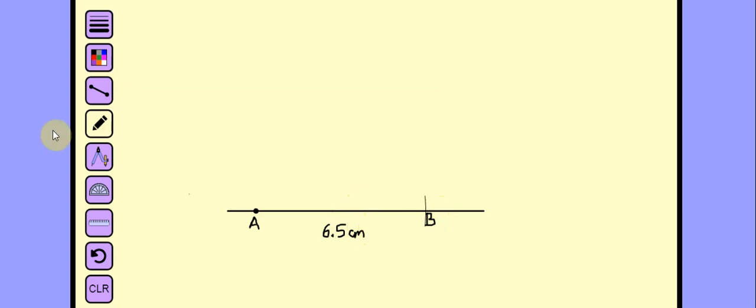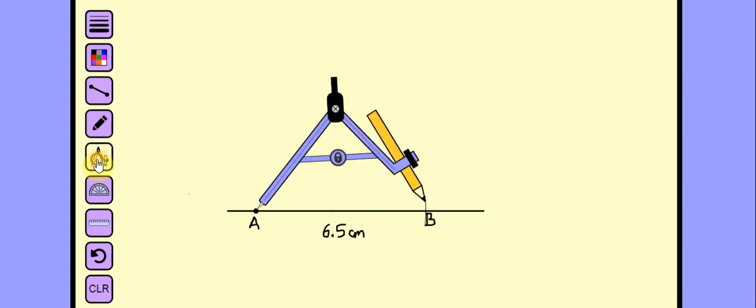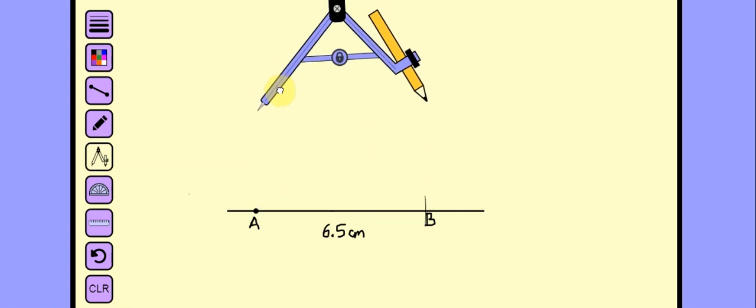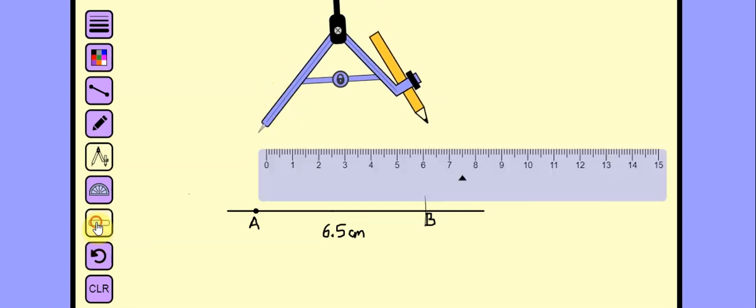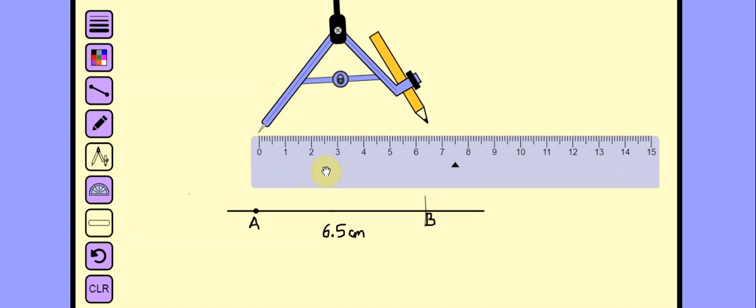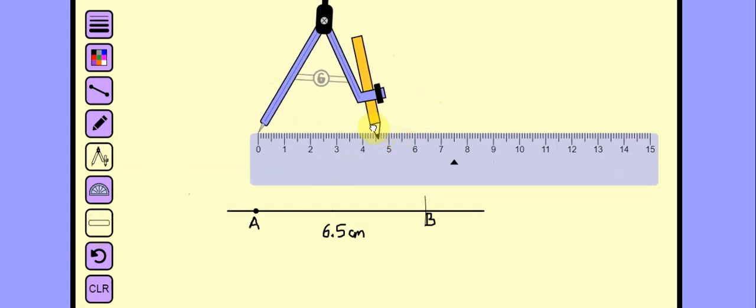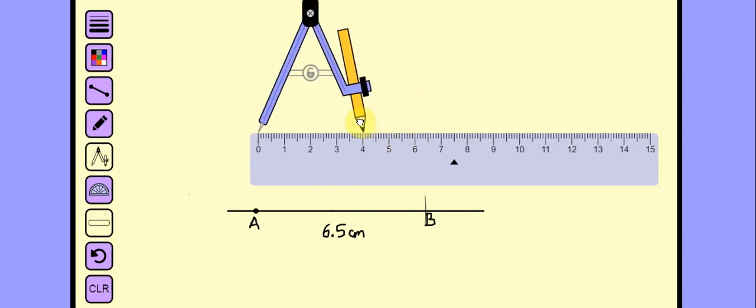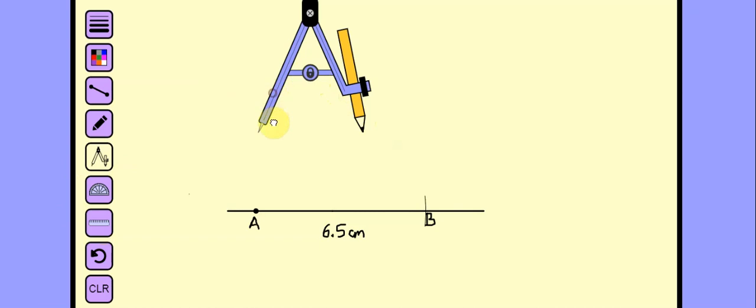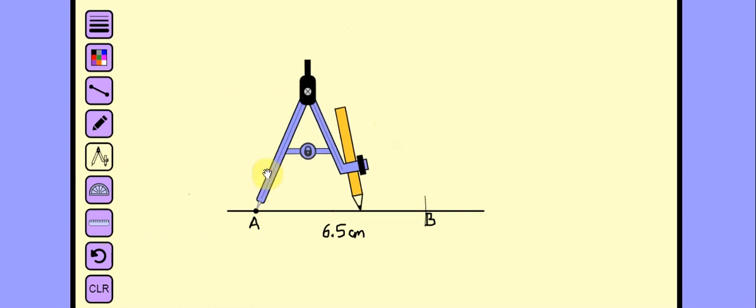The next step is to measure 4 centimeters using our compass. So we are going to open our compass to a separation of 4 centimeters this time. Now you can recall that the length of AC is 4 centimeters, and that is why we are separating our compass to 4 centimeters.